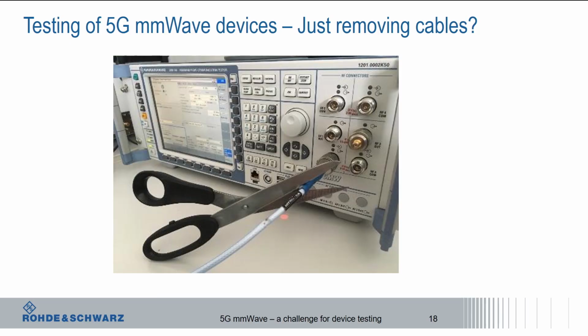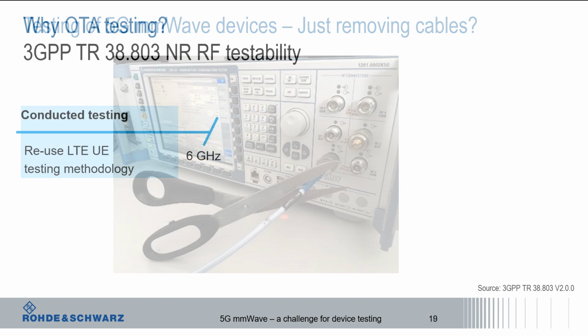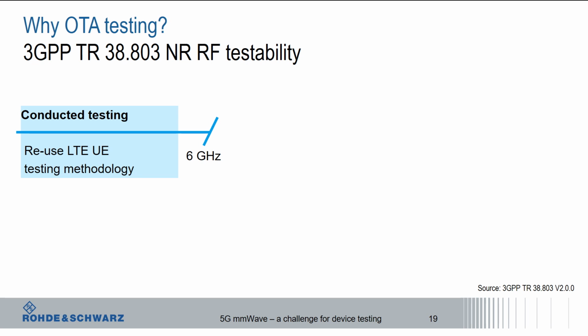Okay, so that means we do what we did before, we just cut the cord. Well, unfortunately, it's not as simple as that. So we have to have a closer look onto this. First of all, 3GPP, of course, realized that and specified it in this way, that everything you want to test below 6 gigahertz is tested as we did in the past for 2G, 3G, or LTE.